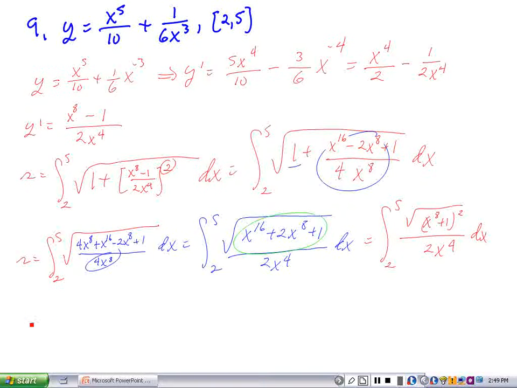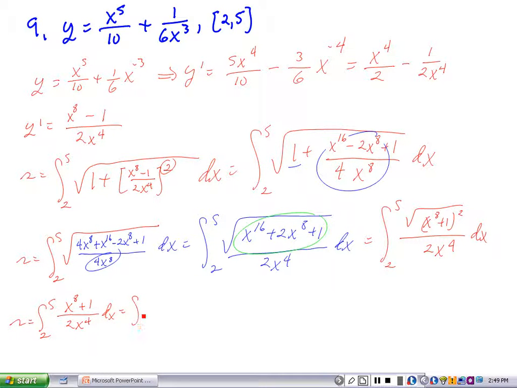So now you can get rid of that radical. So s is equal to the integral from 2 to 5 of x to the 8 plus 1 divided by 2x to the 4th dx.